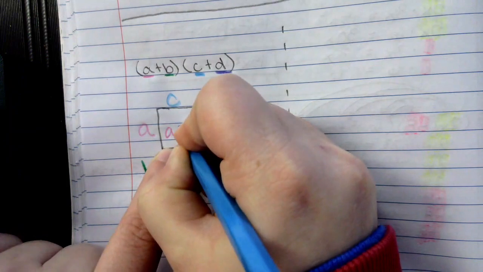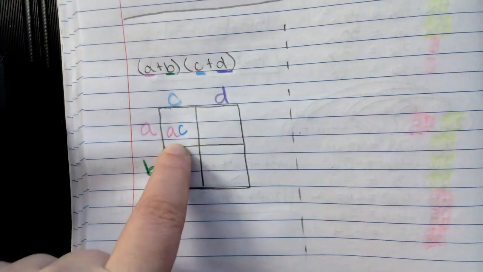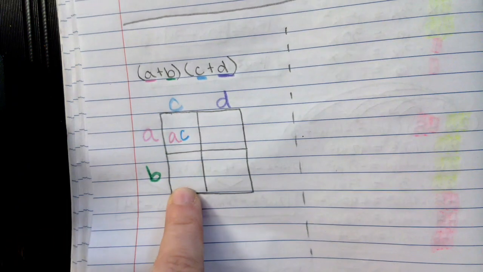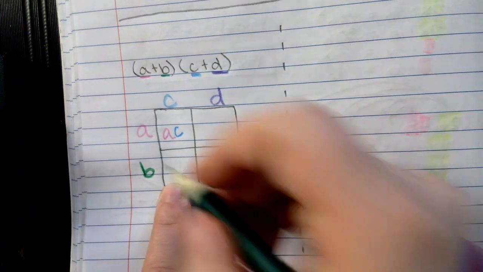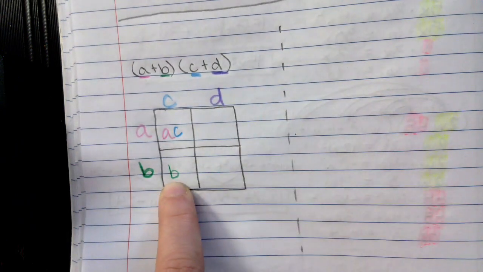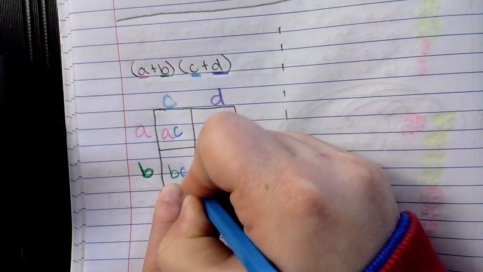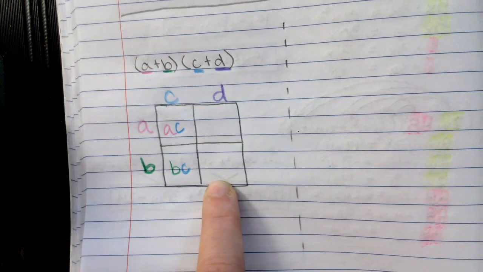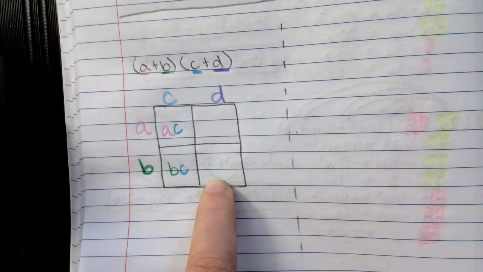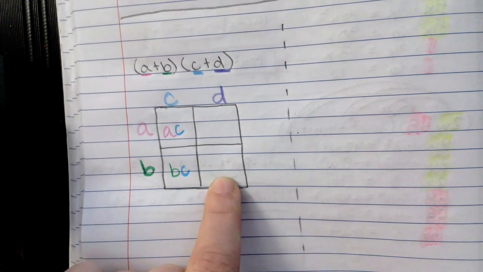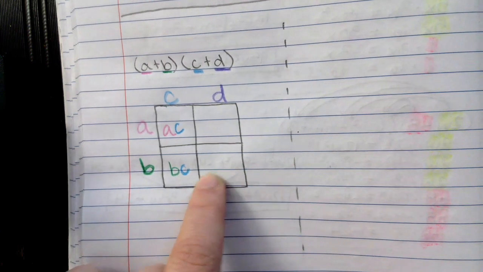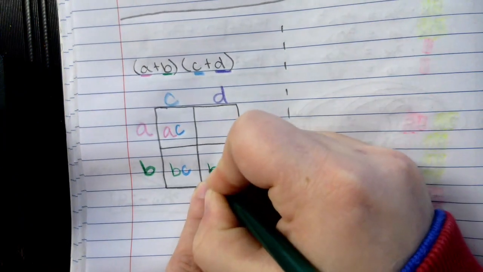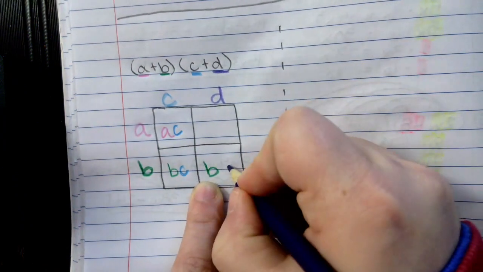What's this one? B times C. This one? This one? B times D. I tried tricking. I went to the bottom one. See who is paying attention. And then the top one would be A times D.